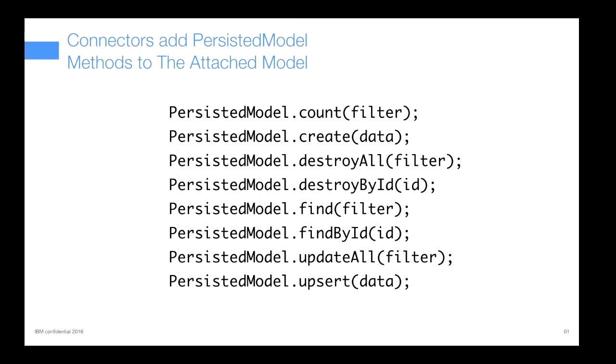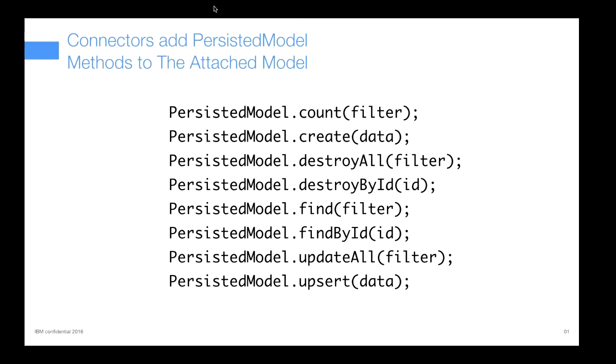Most of these connectors implement what's called the persisted model interface. This is a subset of the interface, but let me take a step back. The persisted model here on the left is a JavaScript class defined by the LoopBack framework, and it defines an abstract class or an interface.